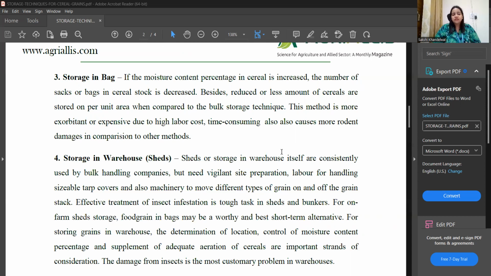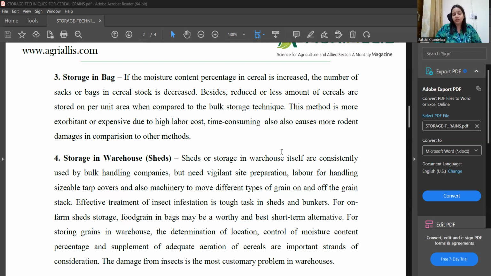But this method is more expensive due to high labor cost, because we have to move our grains in bulk from one place to another in sacks. In Hindi we call it bori. But they are more susceptible to rodents, because they can enter the storage bags easily and destroy all the cereals.